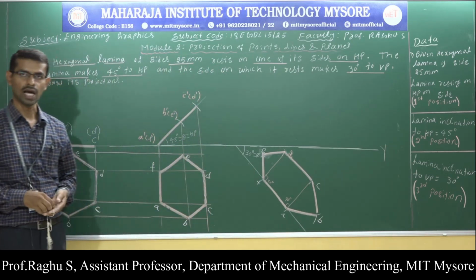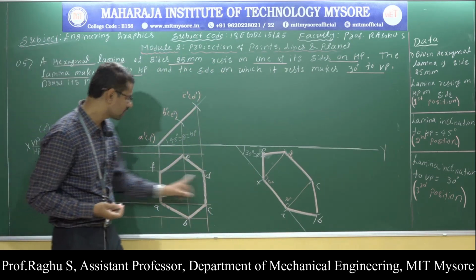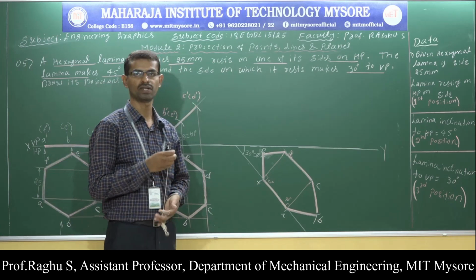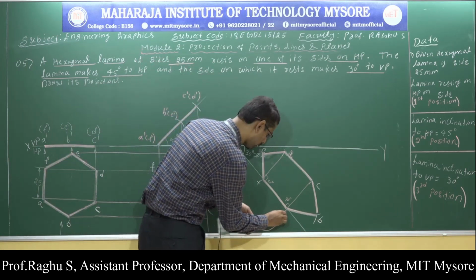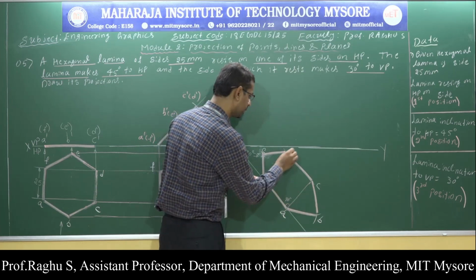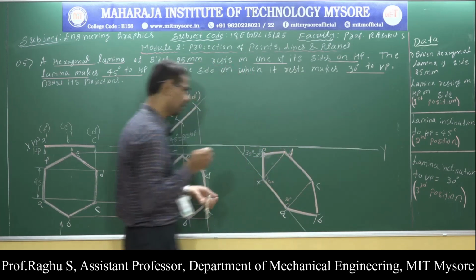Now I have redrawn the lamina by placing the resting side on the VP inclination line. This is corner A, B, C, and this is D, E and F.